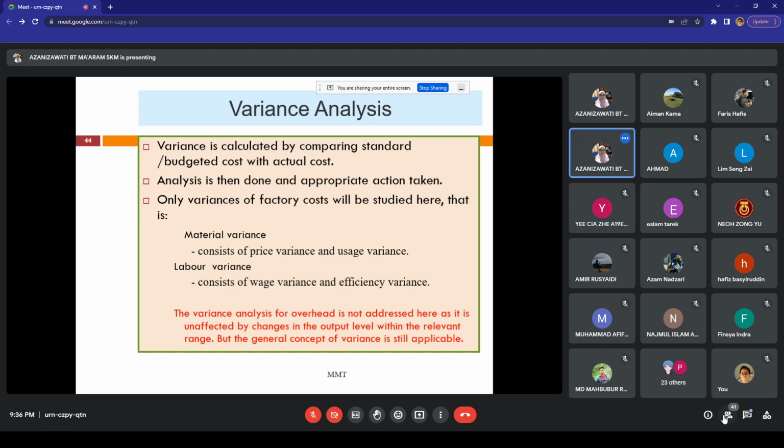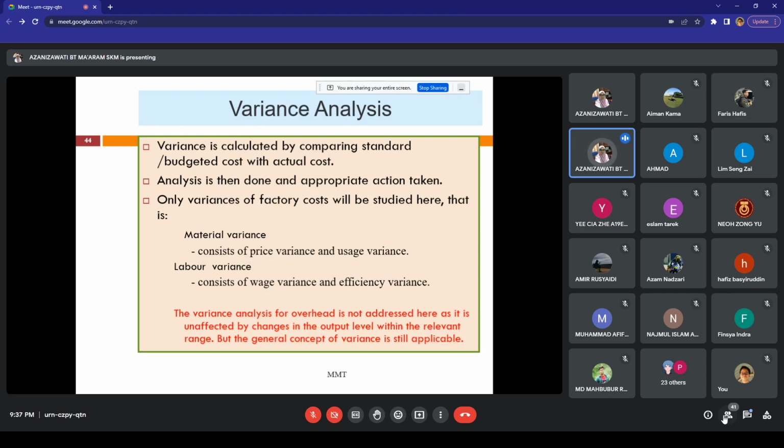So variance is calculated by comparing the standard or budgeted cost with the actual cost, and analysis is then done and appropriate action taken. Therefore, only the variances of factory costs will be studied here, that is the material variance and labor variance. So we only have two types of variance.